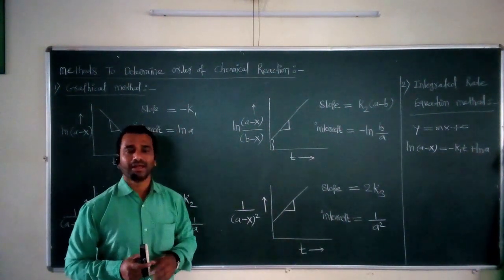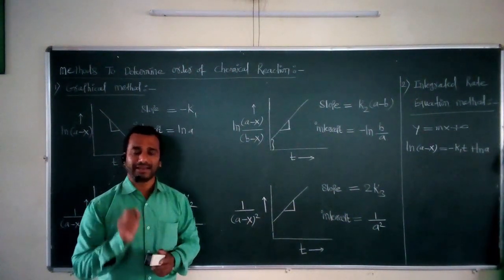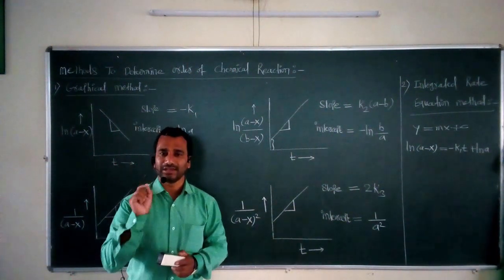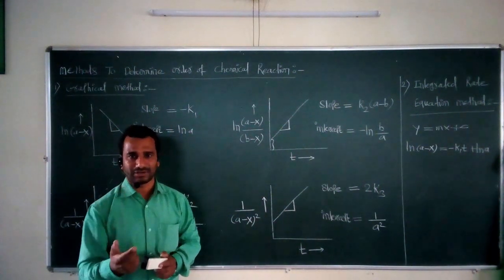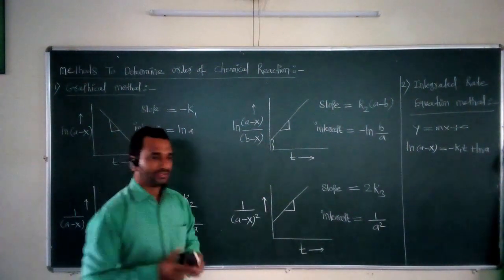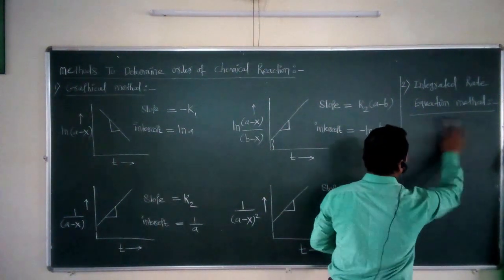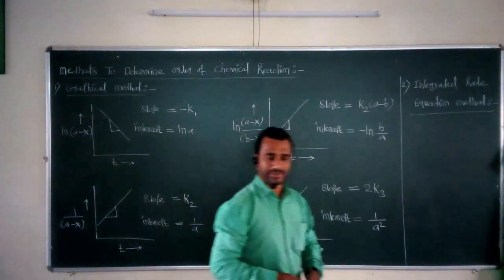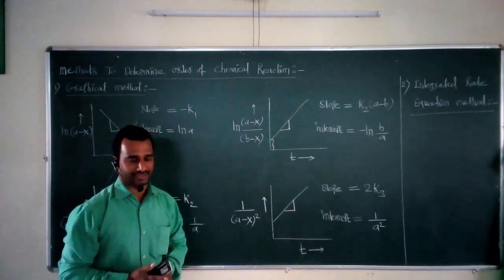So what we have to do here is take into consideration the integrated rate equation for each and every order of a chemical reaction. For first order, for second order, and for third order, we have to take into consideration this integrated rate equation. Then, after considering the integrated rate equation for a particular order, we have to comment on the order of the chemical reaction.